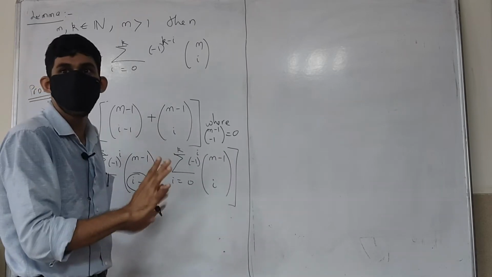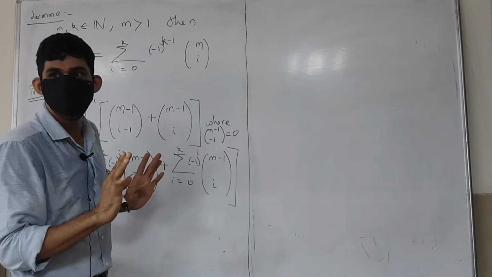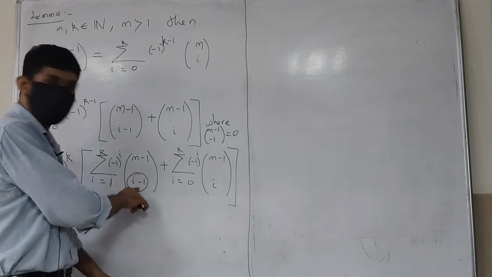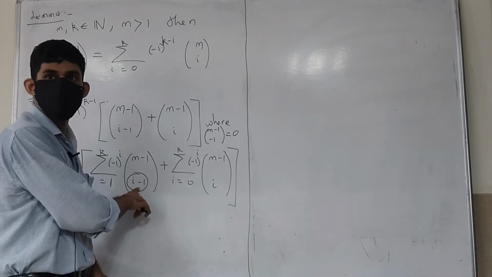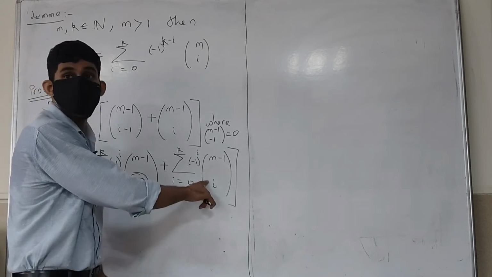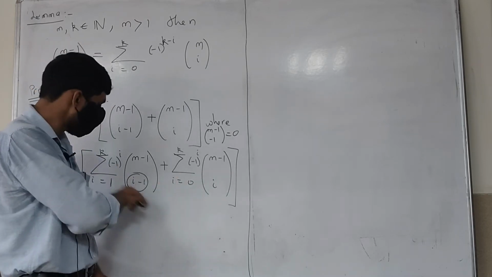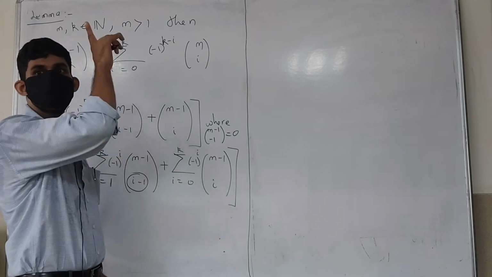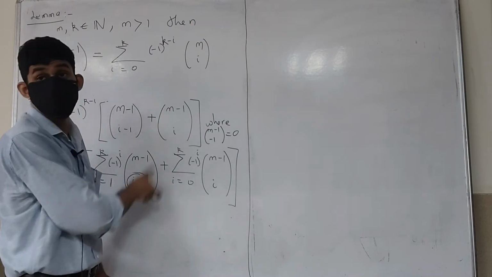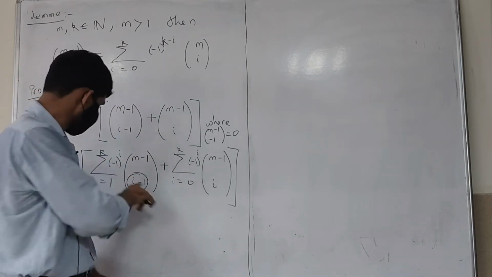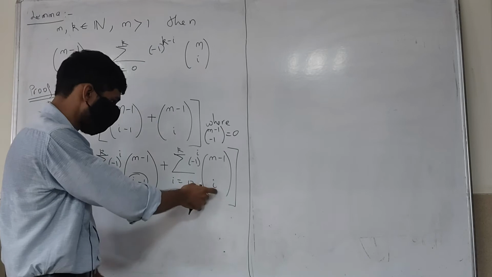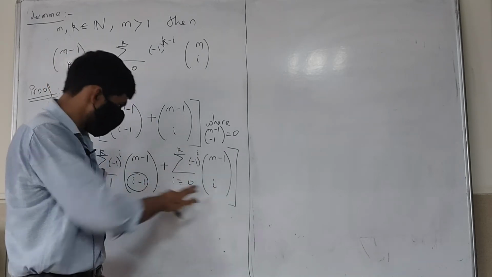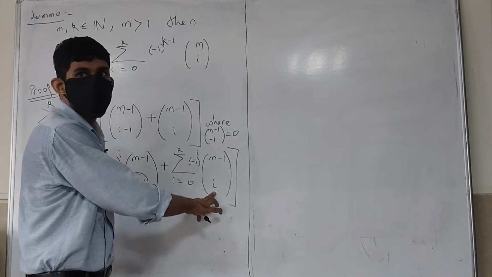So everything will cancel out except for which one? This one is going to vary from (m minus 1) C 0 to (m minus 1) C k minus 1, and this one is varying from 0 to k, so there are k plus 1 terms.